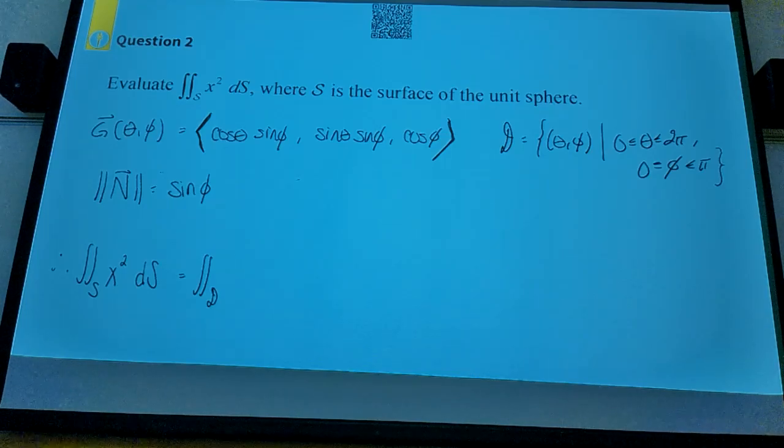X squared becomes cosine squared theta sine squared phi, then it's going to be times sine of phi dA.